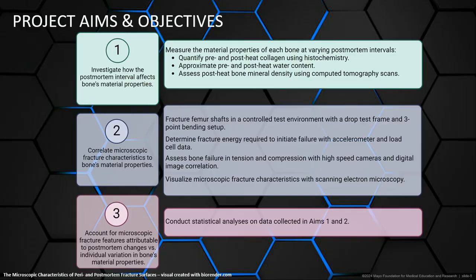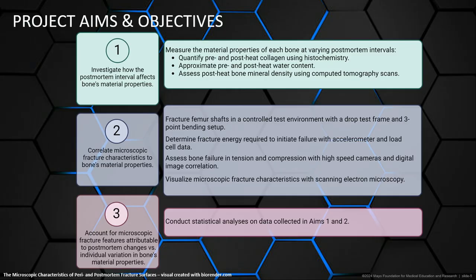So given these limitations of macroscopic features for elucidating fracture timing, as in perimortem versus postmortem events, we turned to scanning electron microscopy to examine microscopic features of fracture surfaces of experimentally induced perimortem and postmortem fractures. We documented variables that affect tissue integrity to relate the fracture appearance to biomechanical properties of bone.